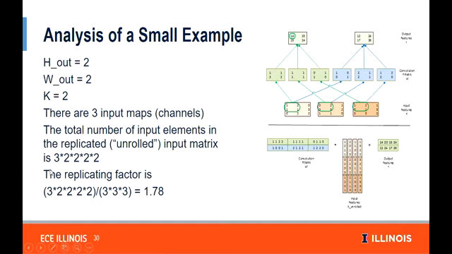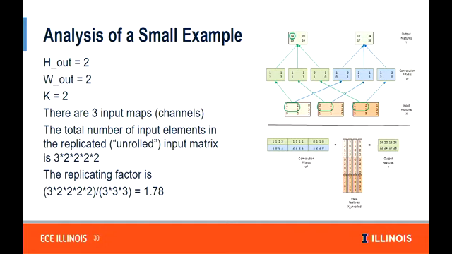So these are the total number of input elements in the unrolled matrix. 3 of these channels, 2 by 2 in each replicated section, and then we have 2 by 2 output elements, each requiring those sections. So that gives us the total number.